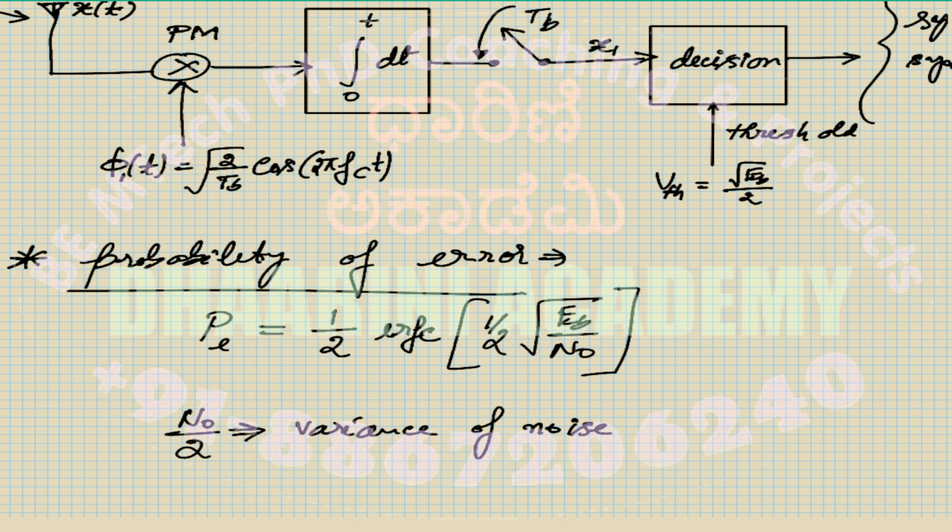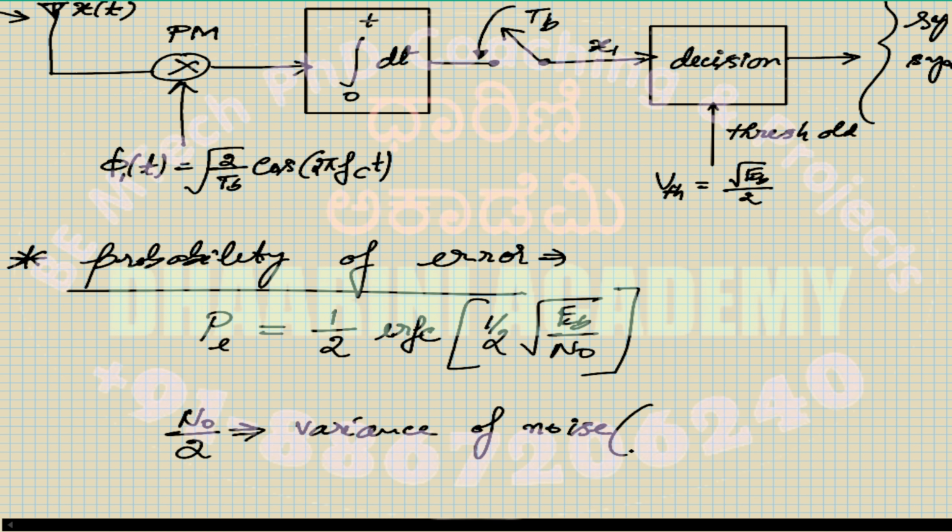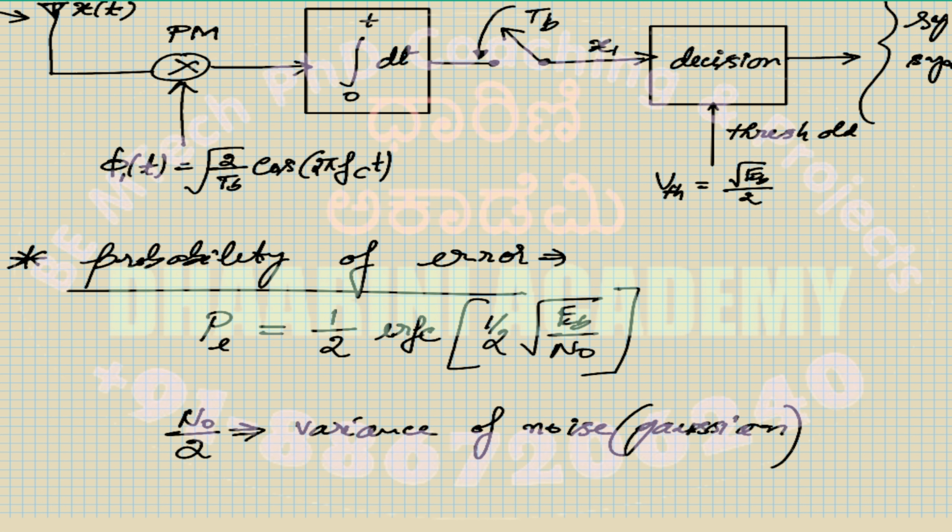The Gaussian distribution has zero mean and N naught by 2 as the variance, so that's why. I'll just write here the Gaussian. And Eb by N naught is the SNR of the symbols.